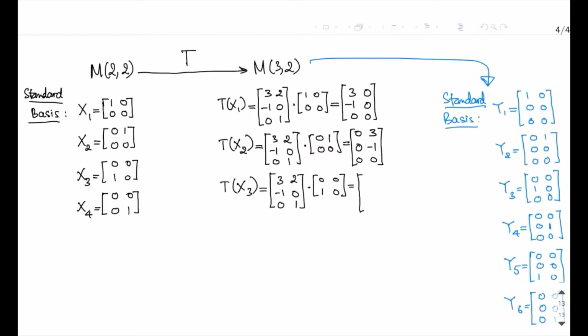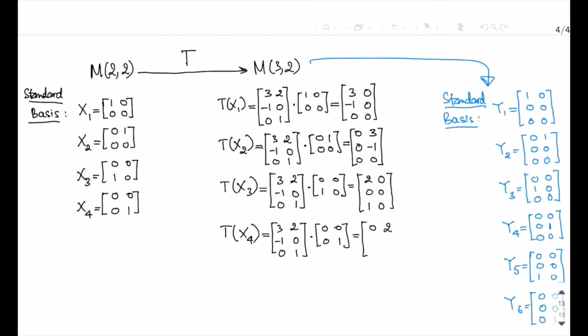If you do the computation correctly, you should get 2, 0, 0, 0, 1, 0. And then T of x4: 0, 2, 0, 0, 0, 1.